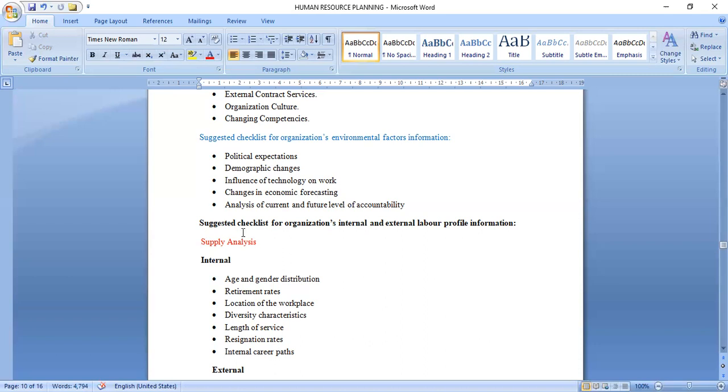Then also the organizations should analyze the current and future level of accountability. What we mean by this here is, for example, the costs of employee recruitment.